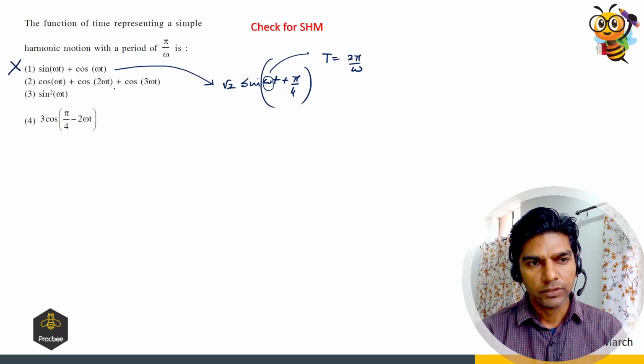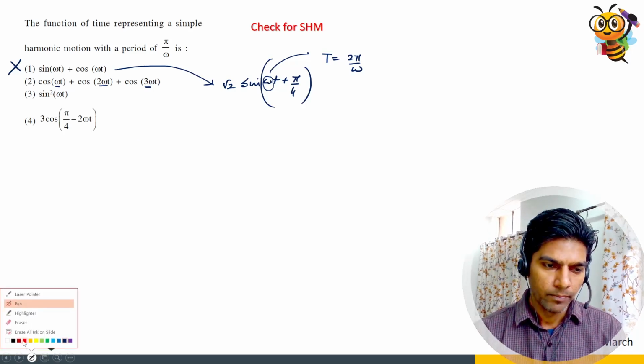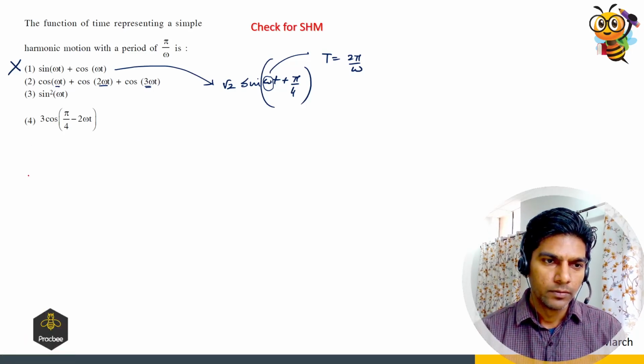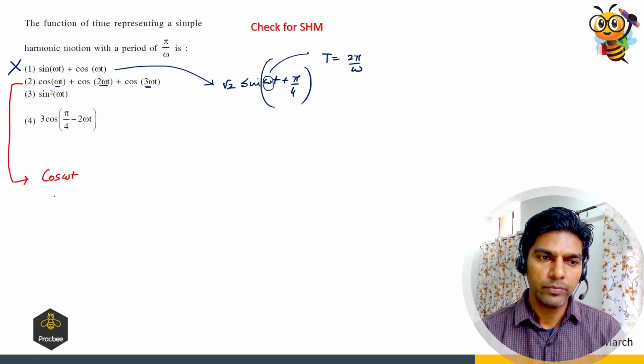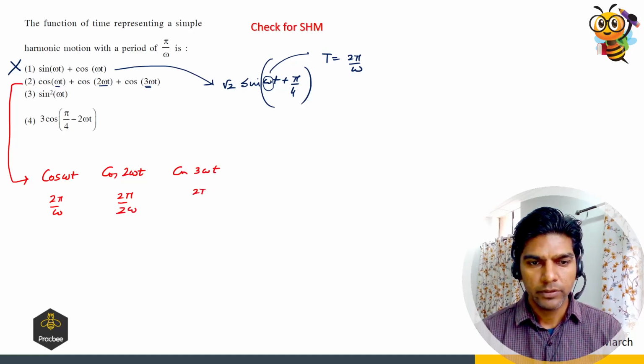Now let us see the second one. Now in this case, we have 3 omegas, right? Omega, 2 omega and 3 omega. Now if you look at cos omega t, let me consider this. For cos omega t, time period is 2 pi by omega, and for cos 2 omega t, time period is 2 pi by 2 omega, and for cos 3 omega t, the time period is 2 pi by 3 omega.